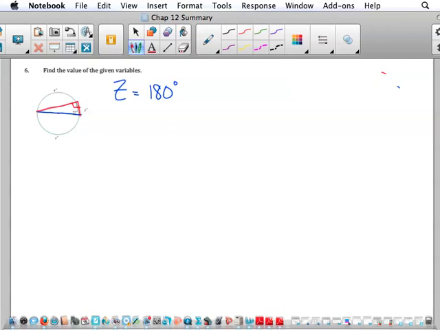So you can find this angle measure by taking 180 minus 90 minus 72, and you'll get that that angle is 18 degrees.